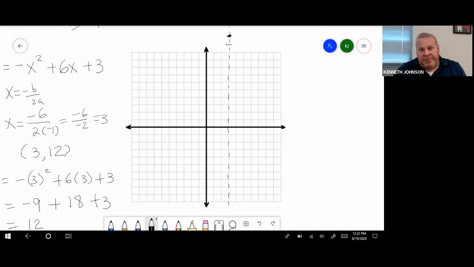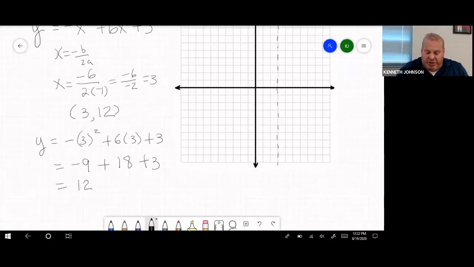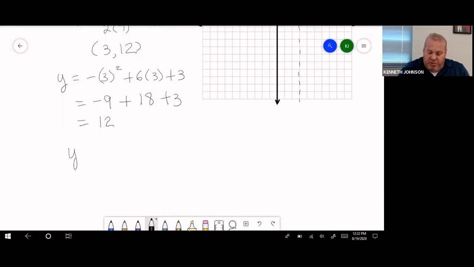Then I'm going to move one spot over. Now, I could either plug in 4 or I can plug in 2. I'd probably choose to plug in the smaller value. So y equals negative 2 squared plus 6 times 2 plus 3. Remember, you could plug in either one.